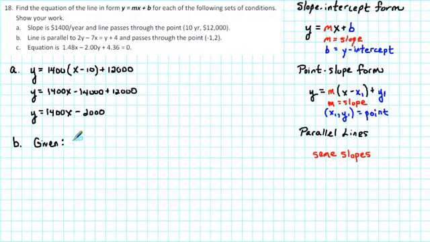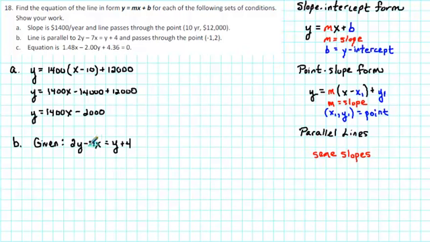Okay, we're given 2y minus 7x is equal to y plus 4. In order to find the slope of this line, we can rewrite the equation so that it's in slope-intercept form. If we have y equals mx plus b, then the coefficient of x, the m, is the slope.